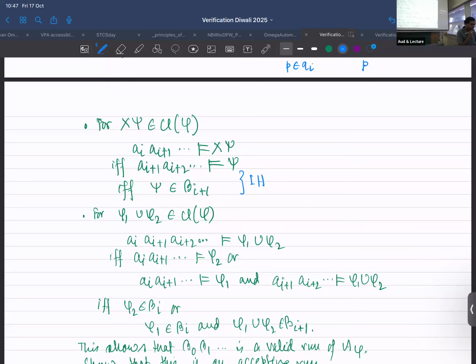Okay, what do we have by induction hypothesis? We have that psi belongs to beta I plus 1. So is it clear enough?